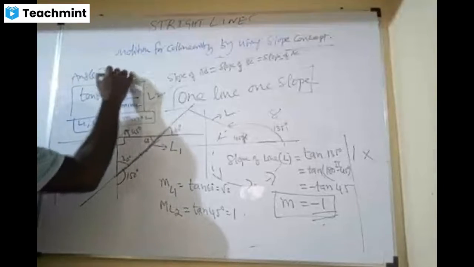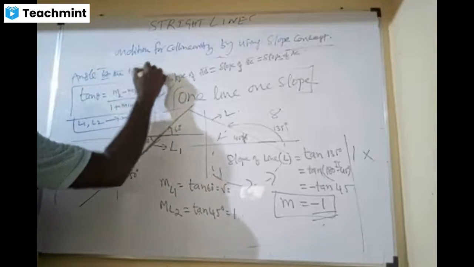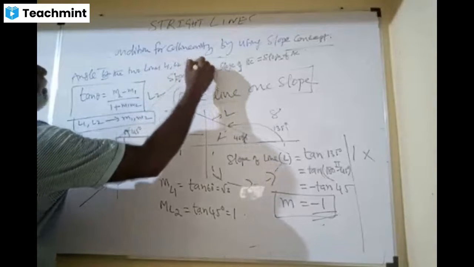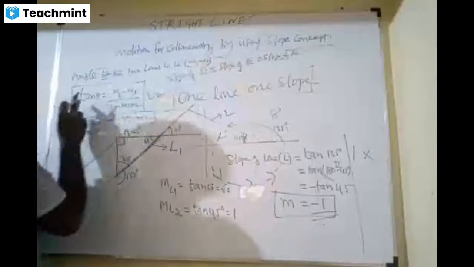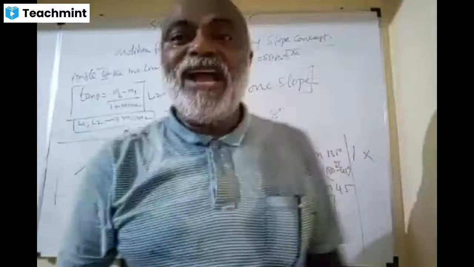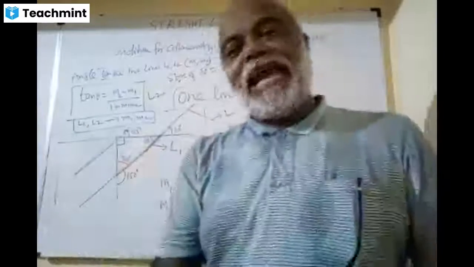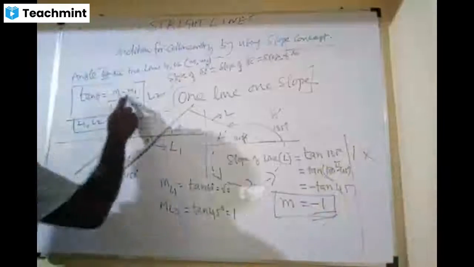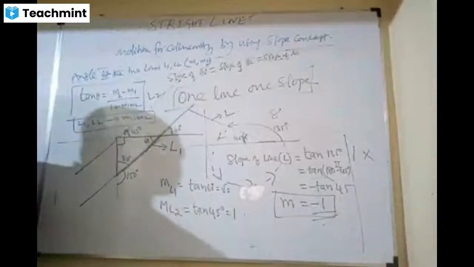So, the angle between the two lines L1 and L2 whose slopes are given as m1 and m2: directly, instead of finding theta, we are finding tan theta, and thereby we can find theta. So our formula is tan theta equals modulus of m2 minus m1 by 1 plus m1 m2.